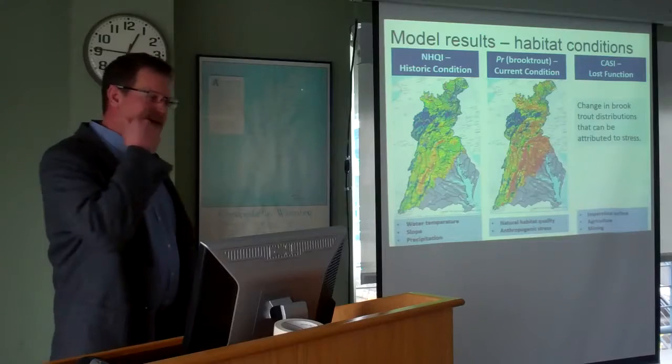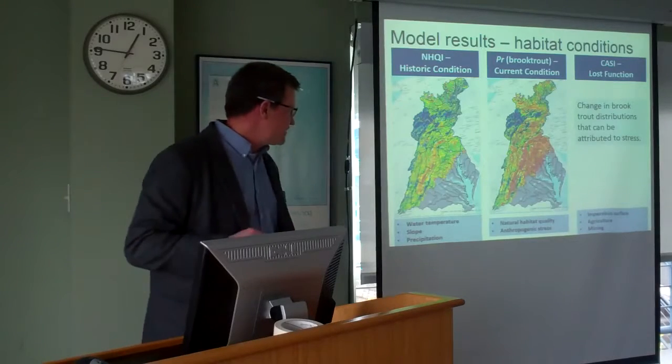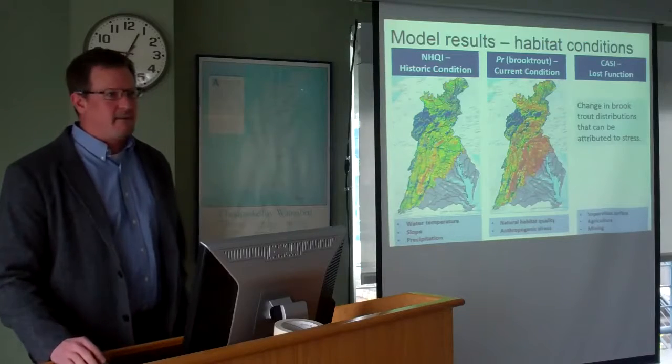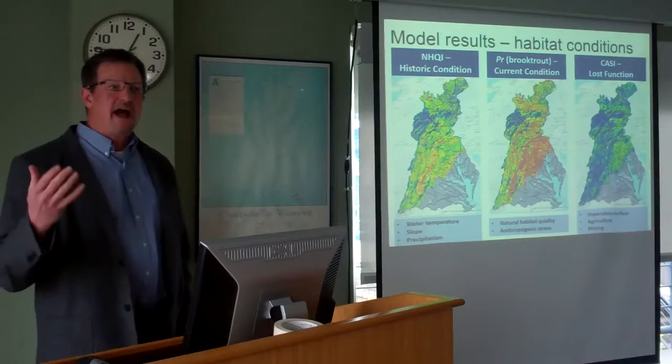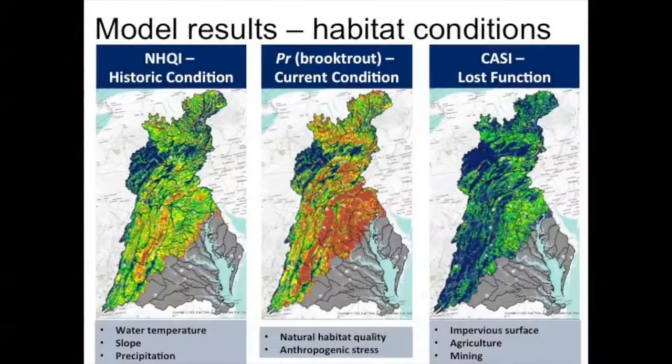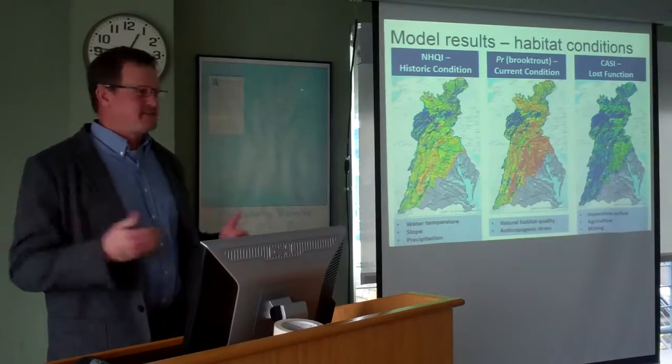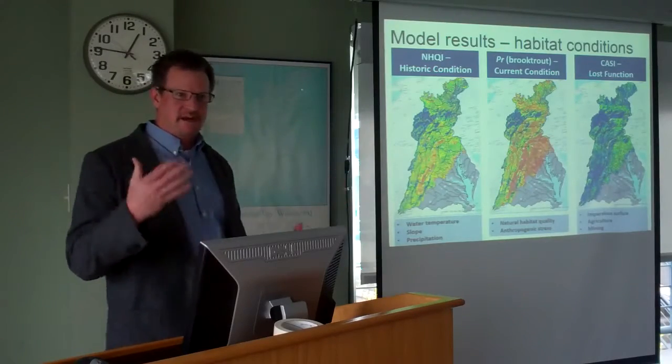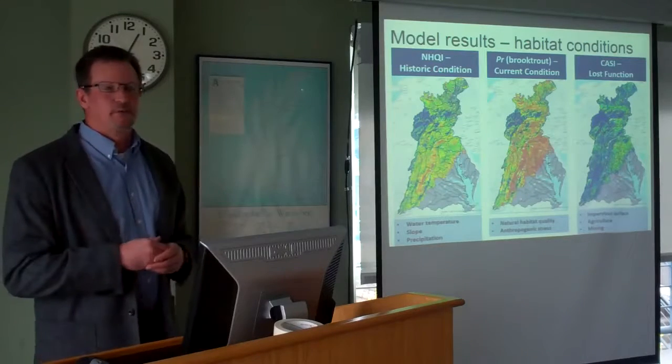And in this system, the model suggests that impervious cover, agriculture, and mining are the dominant stressors. And we can show that then as cumulative stress. We refer to that as the cumulative anthropogenic stressor index, or CASI. Okay, so these three things together are our best estimates of what was there historically, what's there now, and by difference then what we have lost.